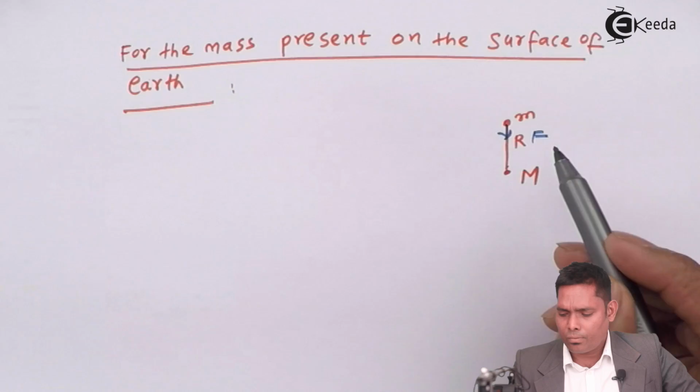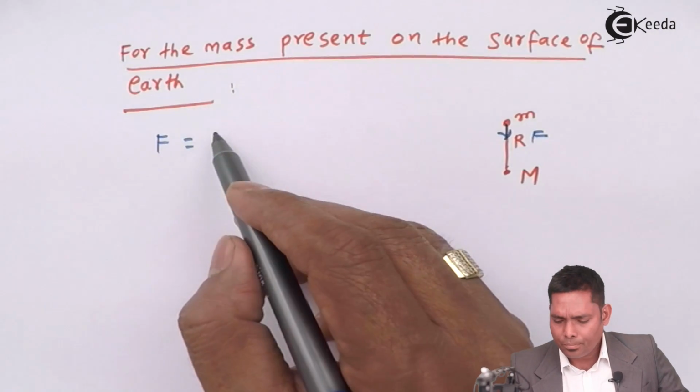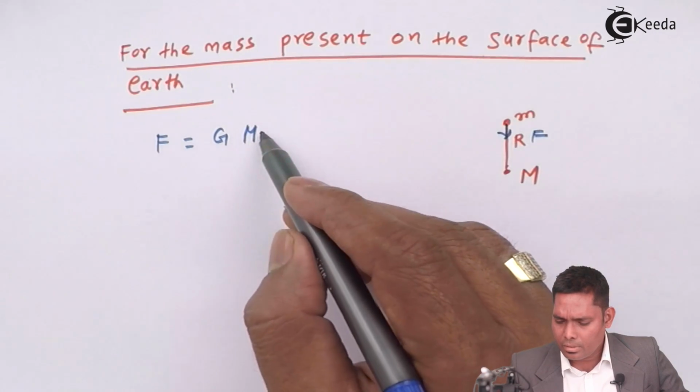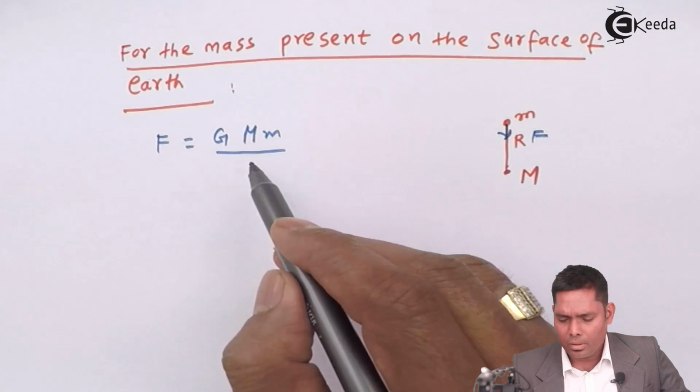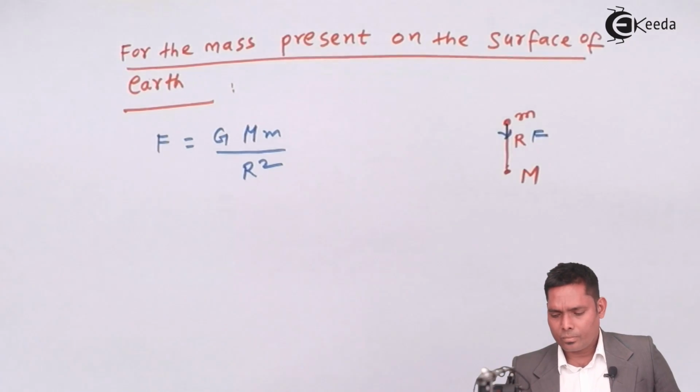Suppose this force is F, and it says that force F will be G product of their masses upon the distance square, that is r square.